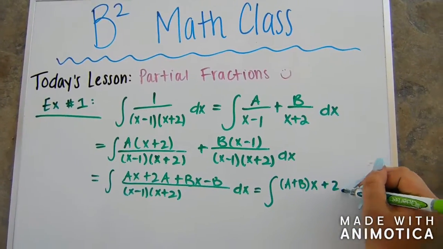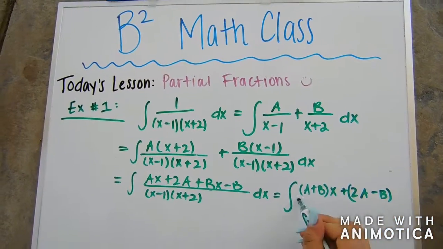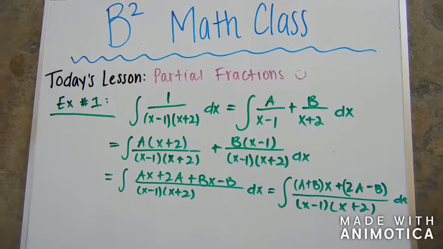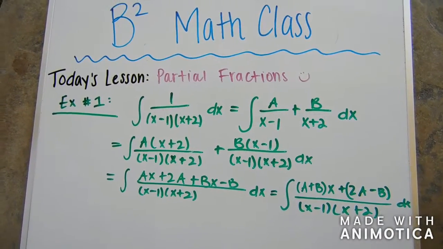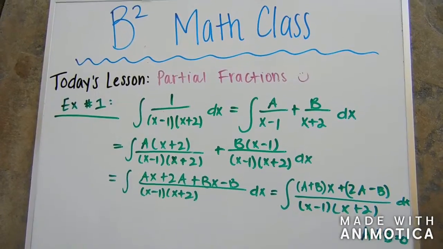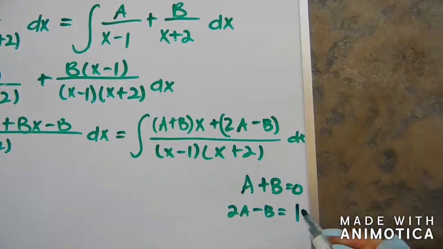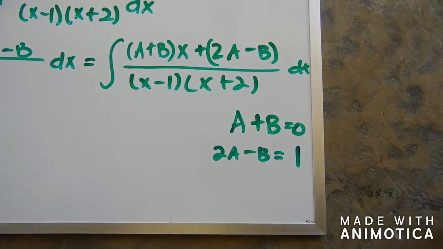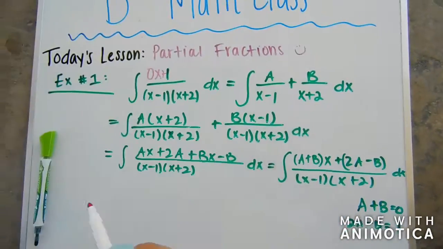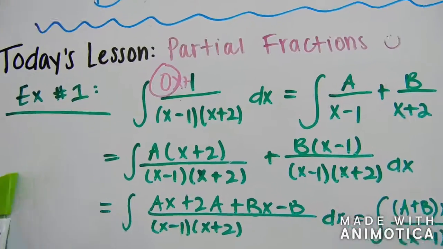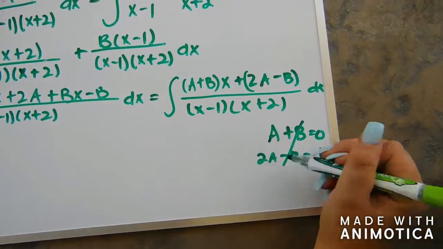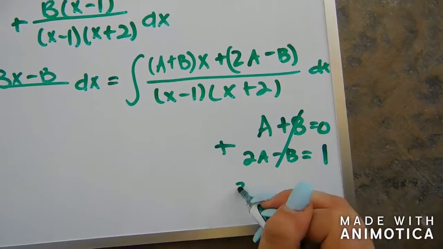And then we're going to go ahead and factor out the x, so then we get the integral of (A plus B)x plus (2A minus B) over (x minus 1)(x plus 2) dx. So now you want to solve for A and B, so then we're going to go ahead and take the equations out of the parentheses, and you get A plus B set equal to 0 since there's no x, so then it's like 0x, and then you get 2A minus B and set it equal to 1.